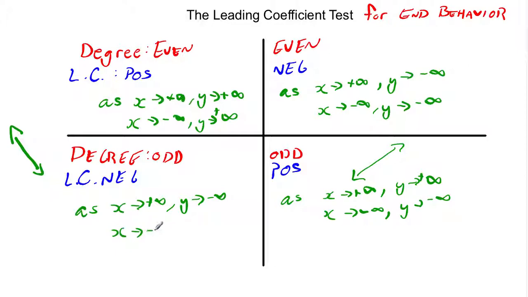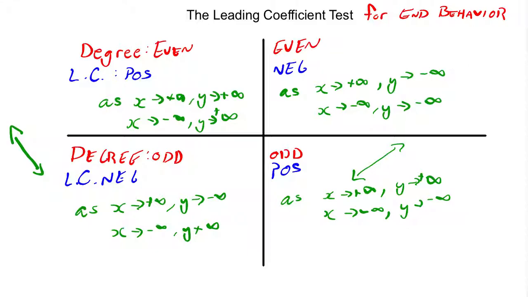As x goes to negative infinity, y is going to positive infinity. Again, see that not only is the y movement opposite, but the relationship with the x movement is opposite. As x goes to positive infinity, y is negative infinity. As x is negative infinity, y is positive infinity.